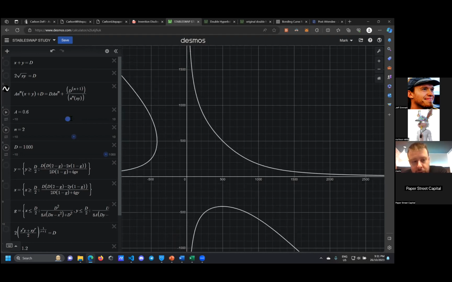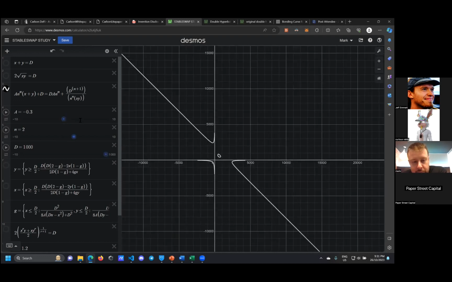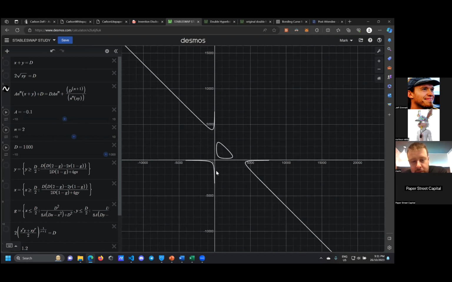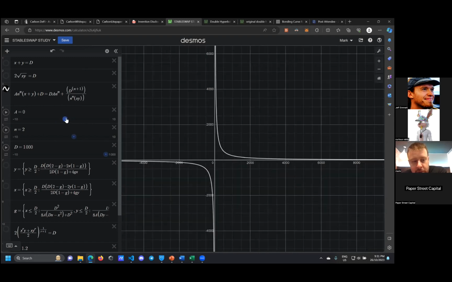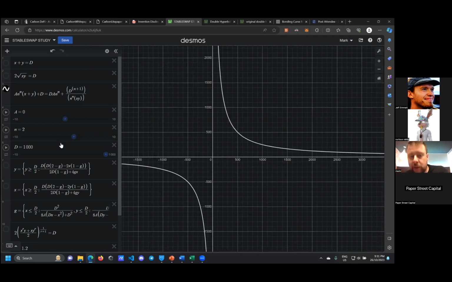So you can see when we move it around, we get this really spectacular shape developing. And the way to think about it is exactly the same as the context that I raised it in Bancor V2, that it is like the amplification coefficient. The difference is that in Bancor V2, when A is 1, it's equal to the constant product case.